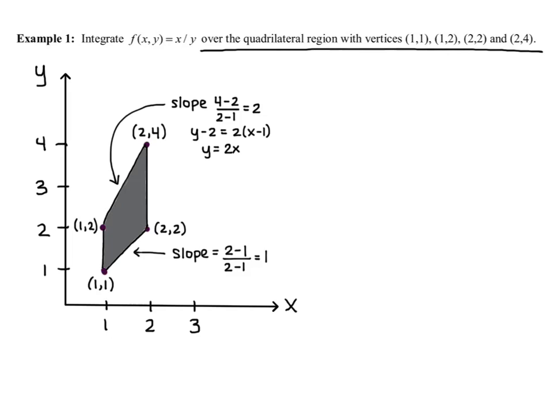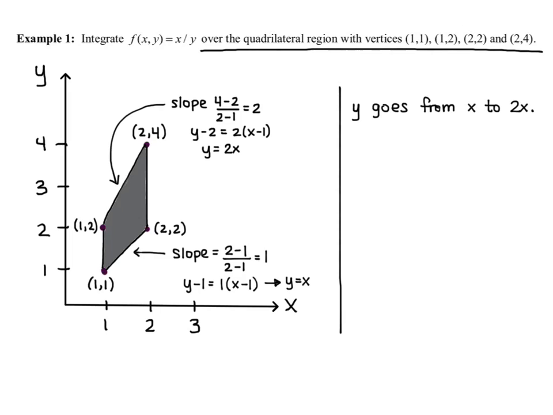Plugging in the slope of 1 and the point (1, 1) into the point slope form of a line gives y minus 1 equals 1 times the quantity x minus 1. Solving for y, we get y equals x as the lower bound of the region. So we have calculated that y goes from x to 2x.